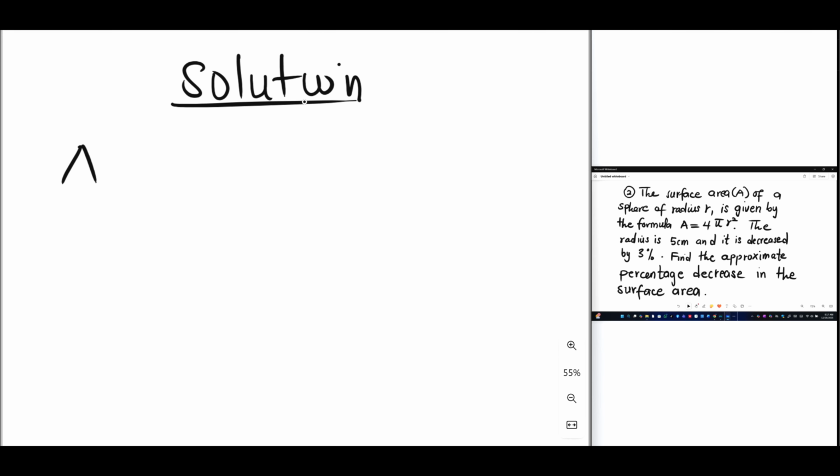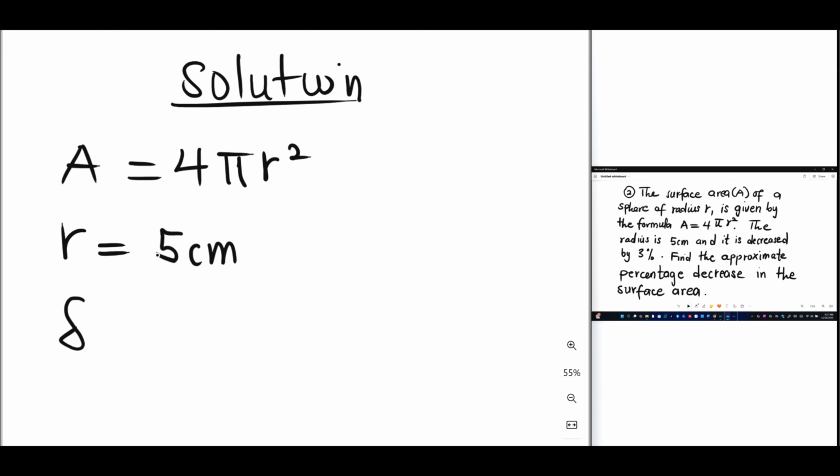So we know the area of a sphere to be 4 pi r squared. And you are given the radius to be 5 centimeters, right? Now you are given the change that has occurred in the radius.